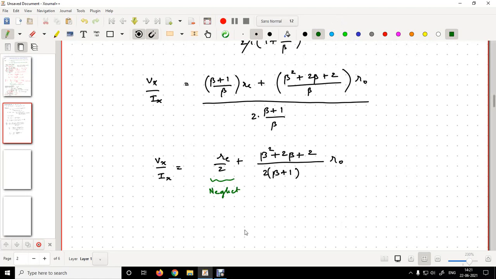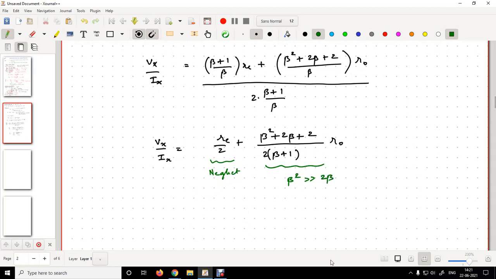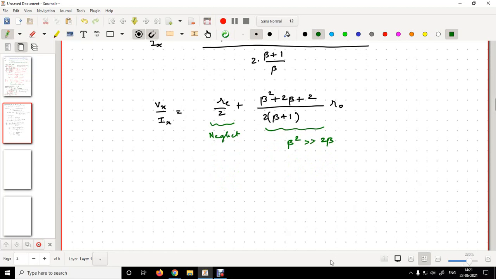When you compare it with R naught, which is a very large value, Re is a very small value, and in this beta square is very much greater than 2 beta. Okay, so you can approximate R out as beta times R naught divided by 2.